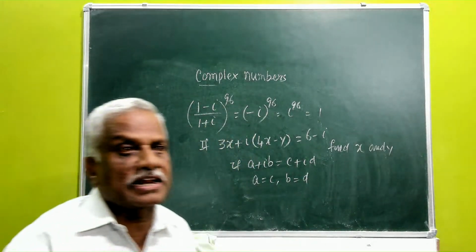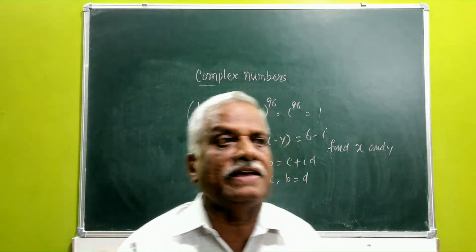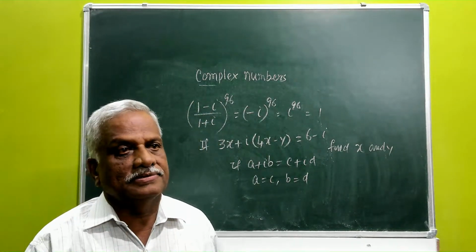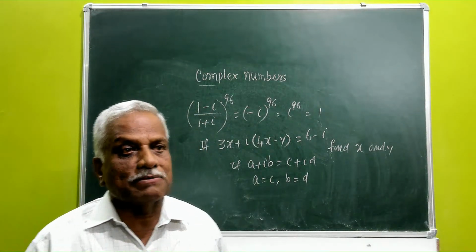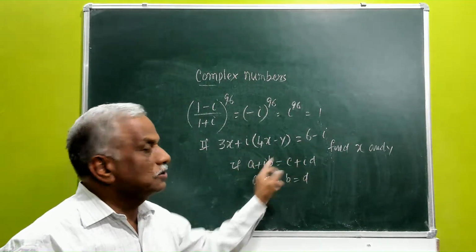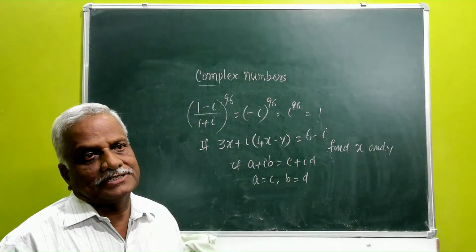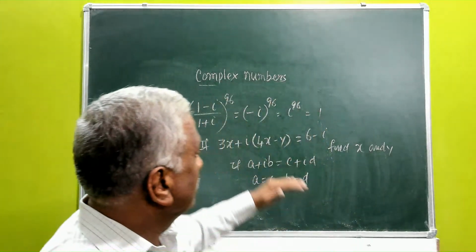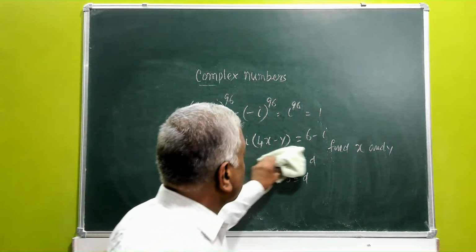Two complex numbers are equal. If complex numbers are equal, the real part is equal, the imaginary part is equal. I always explain this in class: if a plus ib equals c plus id, then it is a clear-cut separation. Real part must be equal to real part, imaginary part must be equal to imaginary part. That concept we are going to use for this problem.